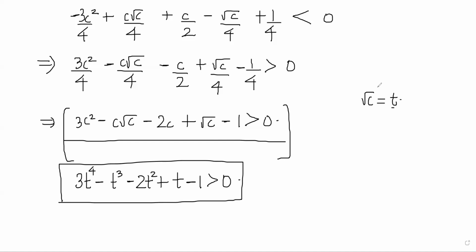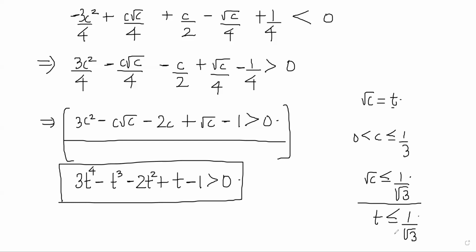So we already know that 0 is less than c is less than or equal to 1 by 3. So we know that root c is less than or equal to 1 by root 3, right? So t is less than or equal to 1 by root 3. We already know that.